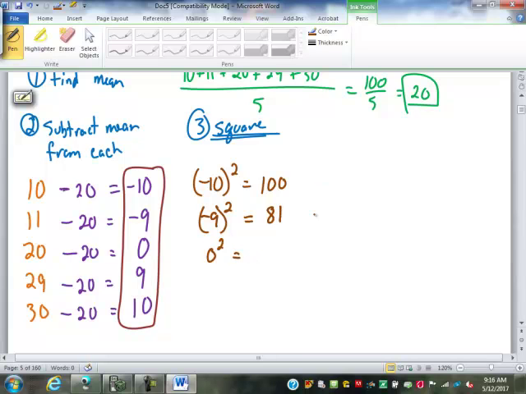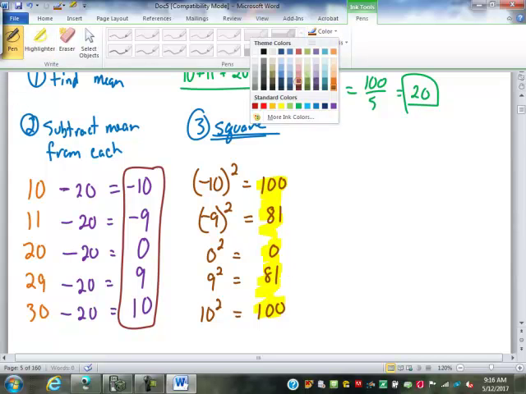And 0 squared? 0. Positive 9 squared? 81. And positive 10 squared? 100. And again, these numbers in this list should all be positive. If any of them are negative, you did something wrong. Any number squared should be a positive result. And of course, those are called the squared deviations.